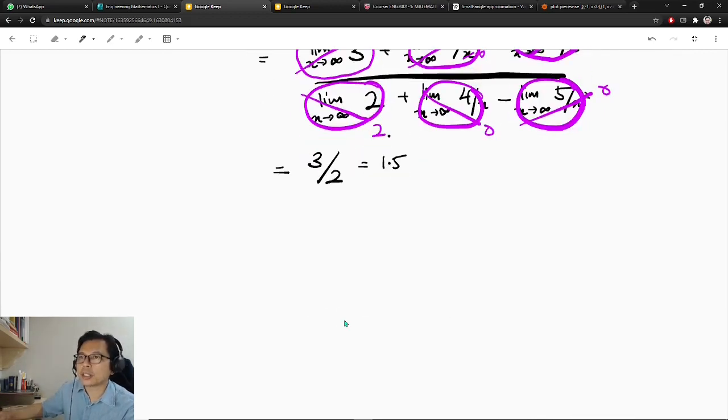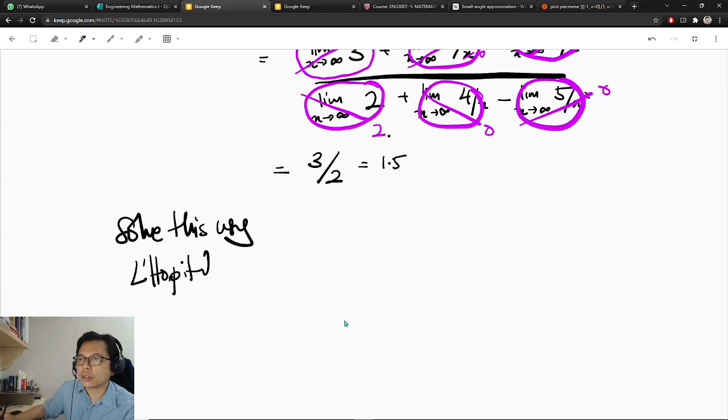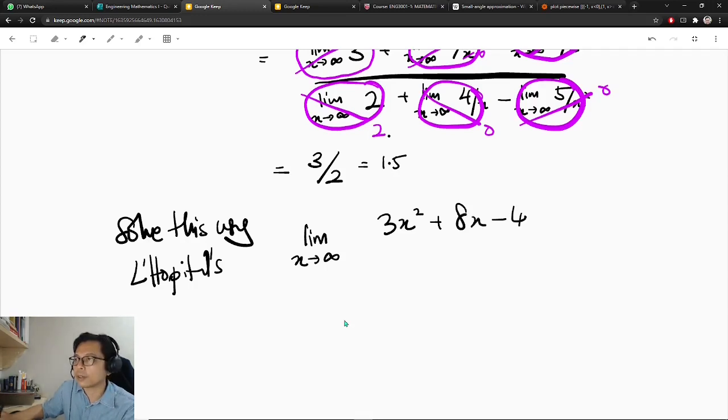Someone mentioned L'Hopital's rule before, so let's solve this using L'Hopital's rule. Don't worry if you don't understand this method yet, because we're going to cover it again. But because someone mentioned it just now, I'd like to cover it here. So that's 3x squared plus 8x minus 4 over 2x squared plus 4x minus 5.